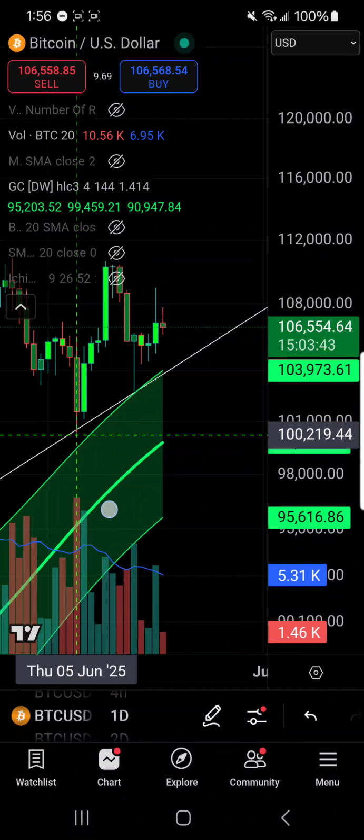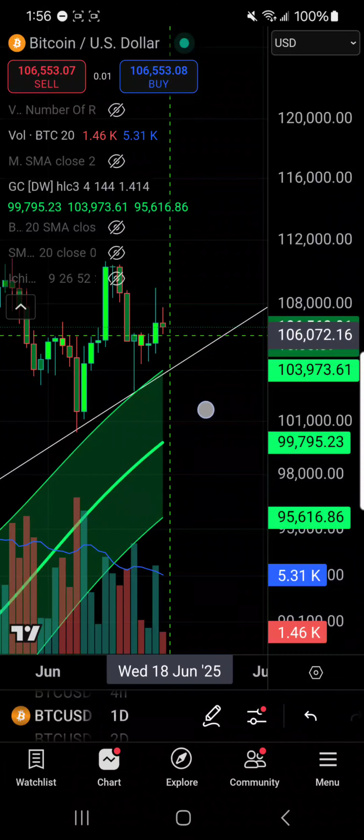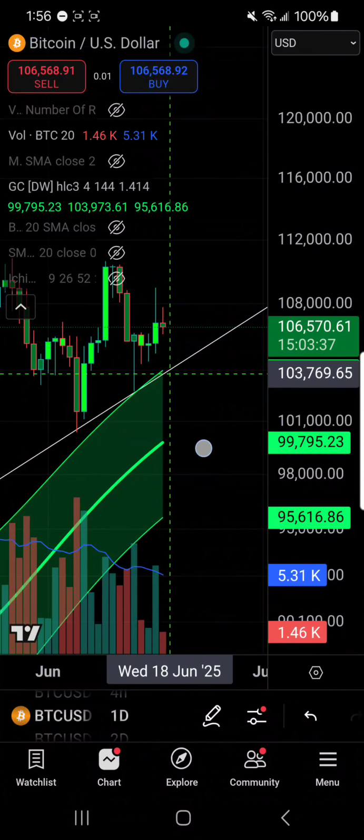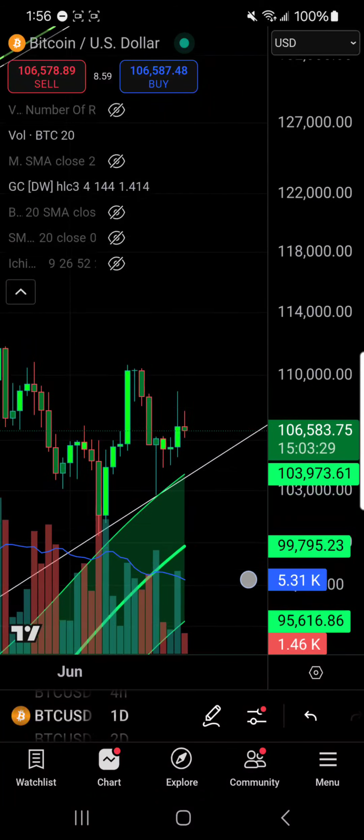You can see we came close here. We touched it there. We don't have to. It's not necessary. But I think possibly we will.